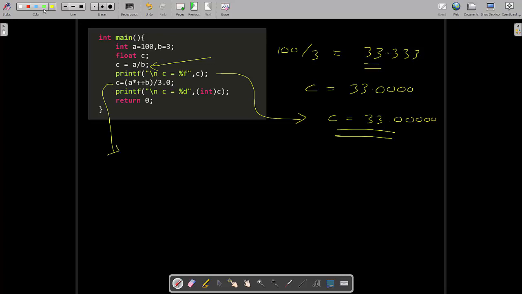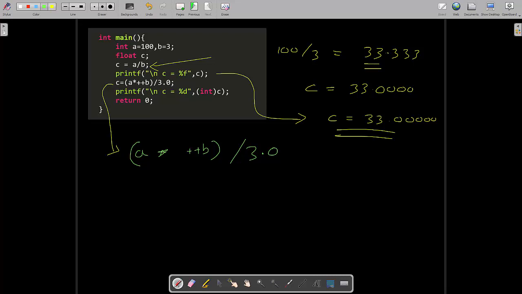In the second expression, you will find that the equation that is written over here is a multiplied by plus plus b, and this is in a bracket, and 3.0 divided by 3.0, and this value is assigned to C. So let us now find out this value.